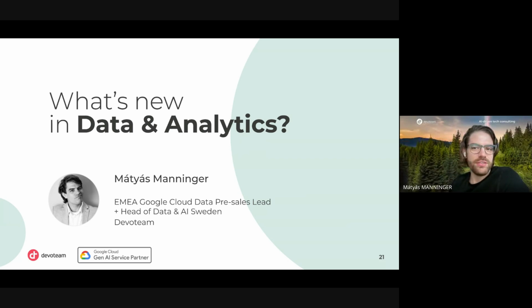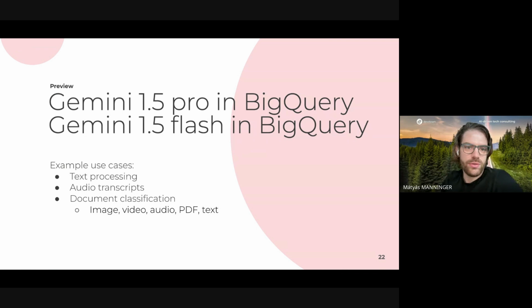Thanks, Tristan and Lisbeth. We will start looking at BigQuery, of course, most likely the most used Google Cloud product, at least definitely in data and analytics. So continuing on the generative AI trend, one of the new things in BigQuery is the ability to use Gemini 1.5 Pro and 1.5 Flash.